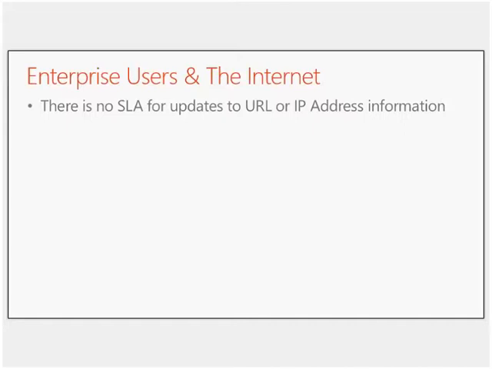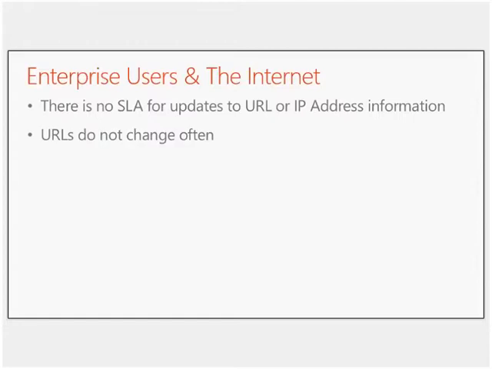This is to note because we do provide an SLA for the service, the Office 365 service, and Office 365 availability is different than the IP and URL filtering list. So I want to make sure that everyone understands up front, and we can talk about it more towards the end of the presentation if anyone's interested. The difference between the SLA of the list of IPs and URLs and the SLA of the service itself.